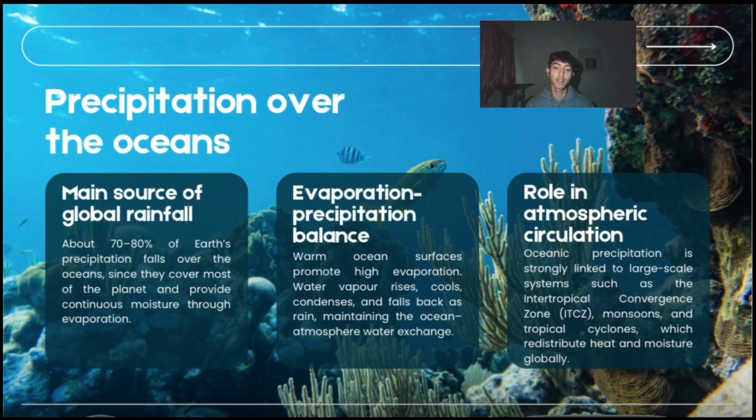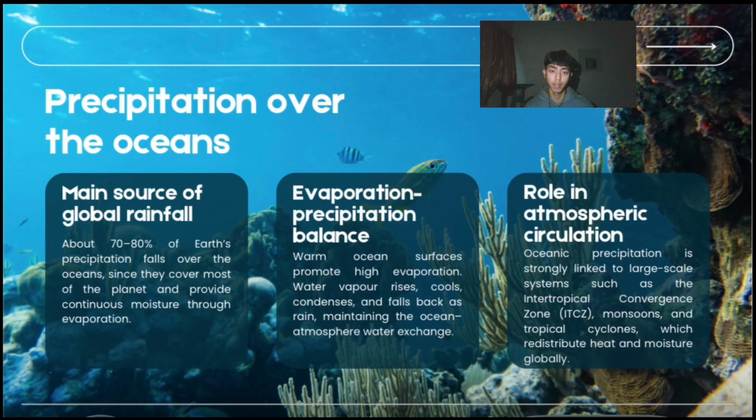Water vaporizes, cools, condenses, and falls back as rain, maintaining the ocean-atmosphere water exchange. And third, the role in atmospheric circulation. Oceanic precipitation is strongly linked to large-scale systems such as the Intertropical Convergence Zone (ITCZ), monsoons, and tropical cyclones, which distribute heat and moisture globally.